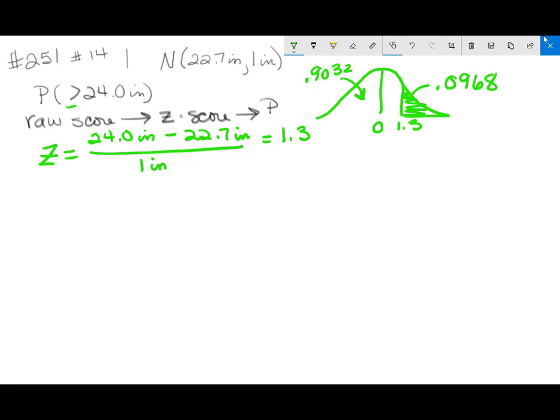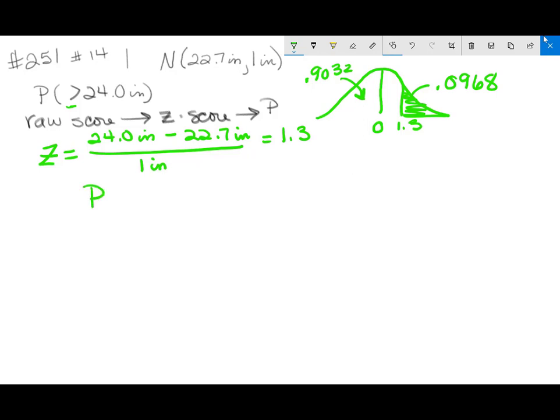Now I'm going to leave it to you to see if you can find these numbers on the table or to practice using StatCrunch to find the same thing. And so to answer my question, find the probability that it's greater than.